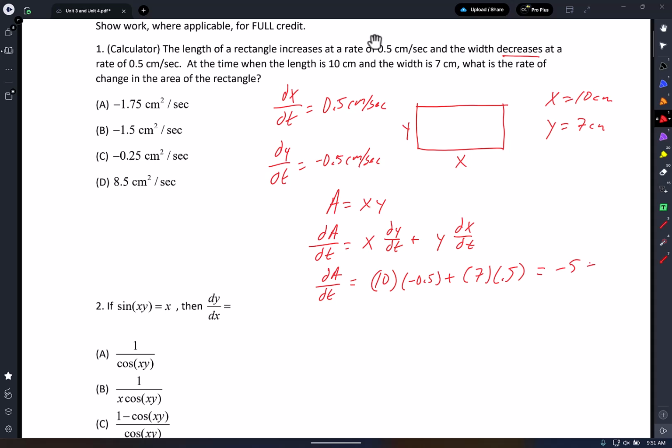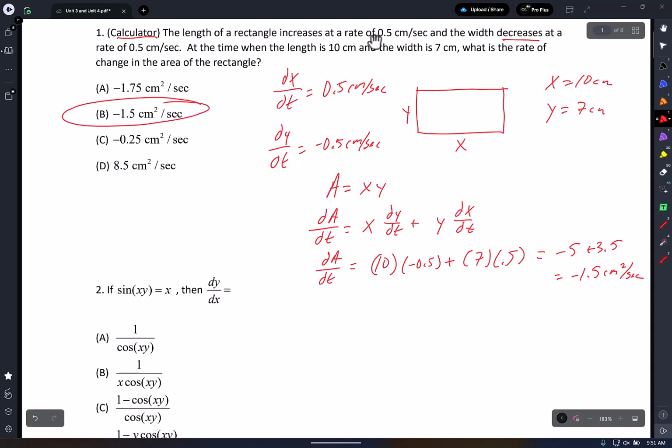And the difference between negative 5 and 3.5, what's that? Negative 1.5. And then I need units, square centimeters per second. You can always type that into the calculator because it does say calculator here, but I don't think you need it. Let me know. I make mistakes all the time, guys, so let me know.